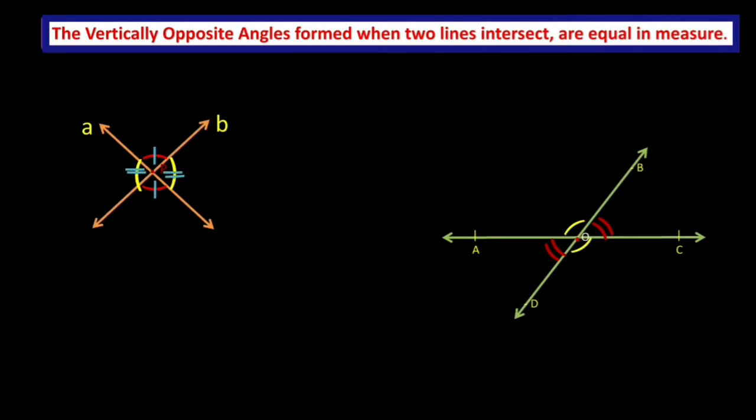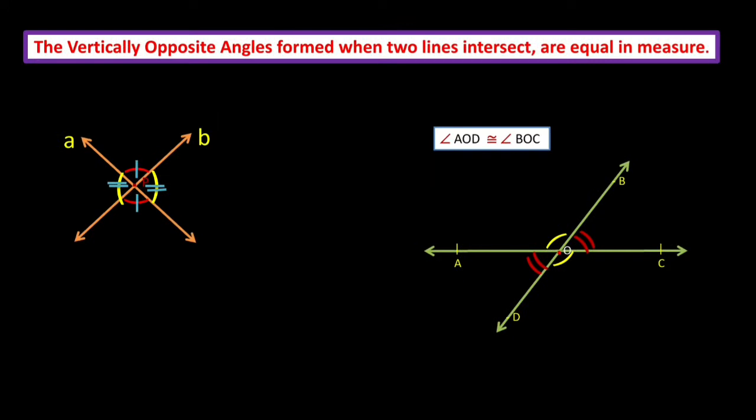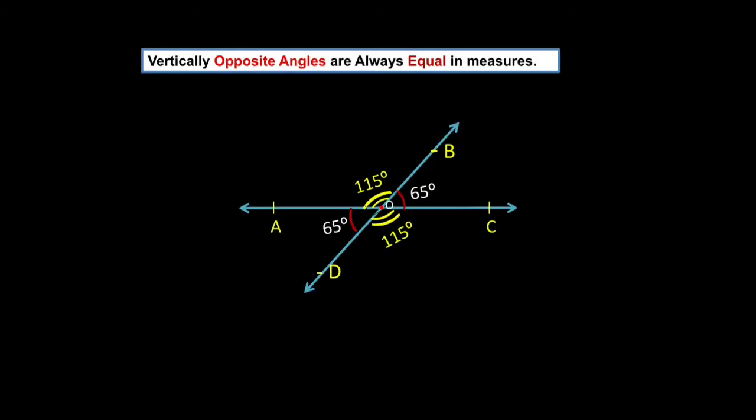Also, you can show same number of arcs. While writing, use the symbol of congruence. In this on-screen figure, measure angle AOD is congruent to measure angle BOC. And measure angle AOB is congruent to measure angle DOC. These are the simple ways of indicating equal angles in a figure.